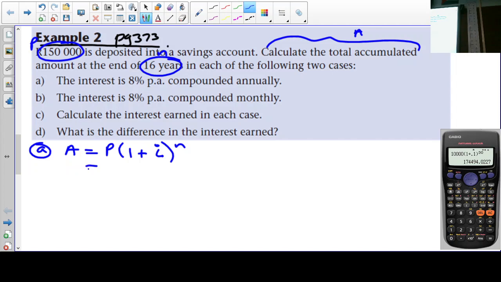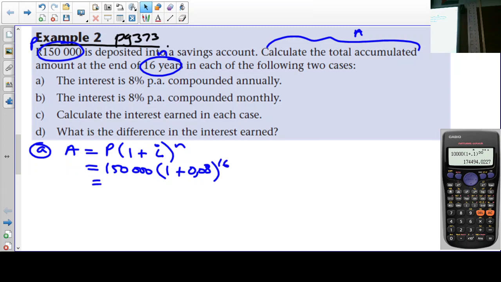So if I do the substitution, it will be P, which is 150,000 into 1 plus 0.08 to the exponent 16.